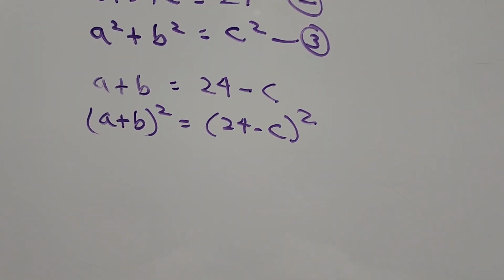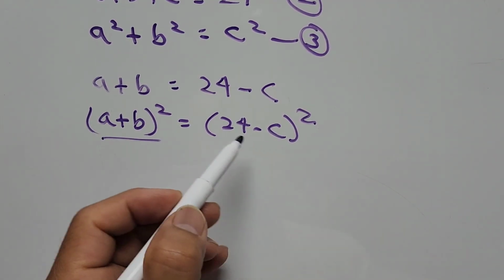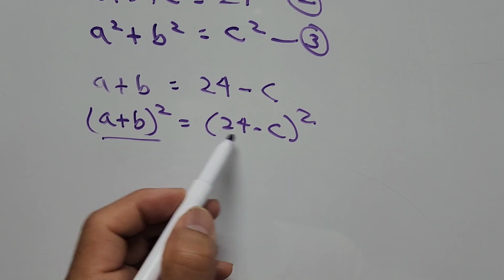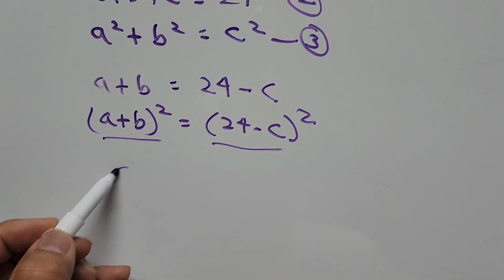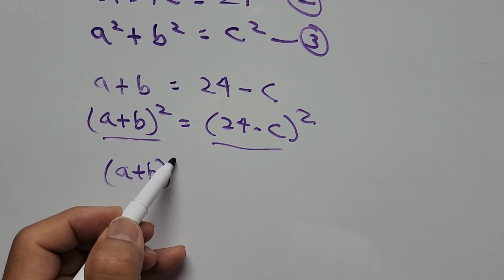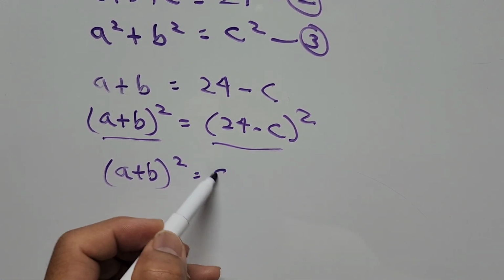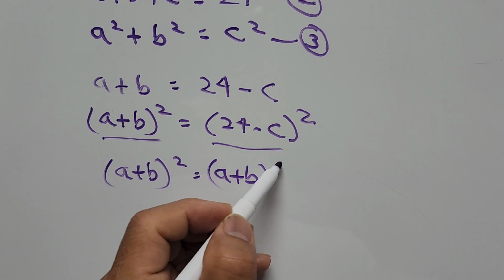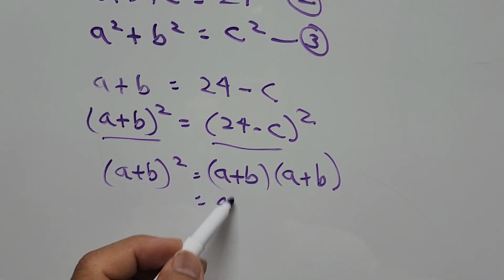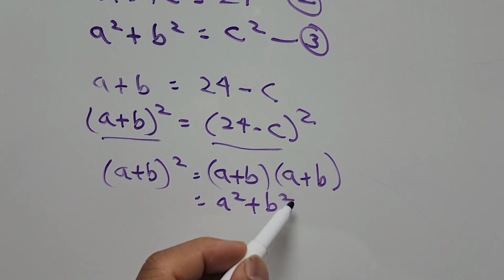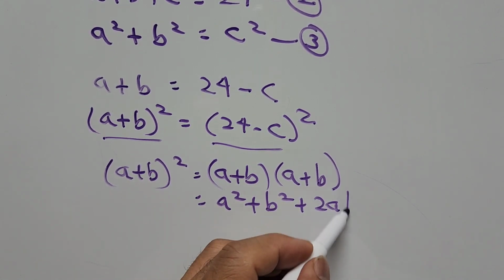Now we can expand the square of A plus B and the square of the difference. A plus B squared is the same as A plus B times A plus B, and this is equal to A squared plus B squared plus 2AB.